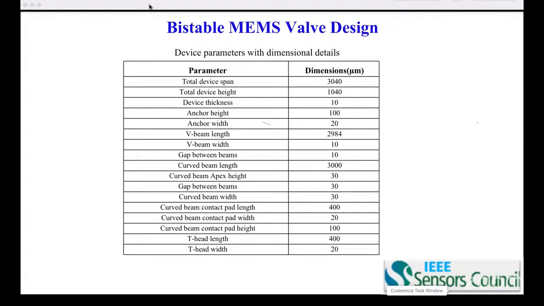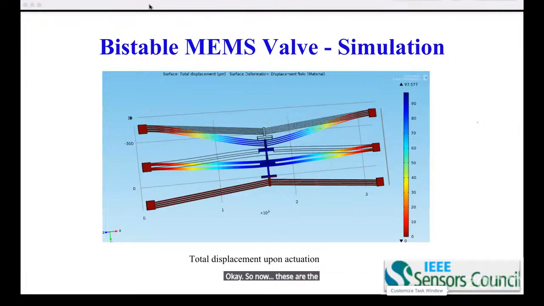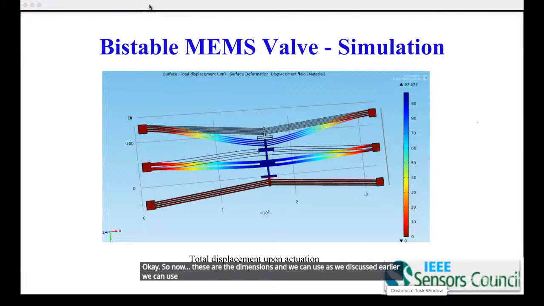Okay. So now these are the dimensions, and as we discussed earlier, we can use any FEM simulation tools for simulating these structures. And this is one such simulation showing the displacement, I mean, the stable state movement of the curved beam.